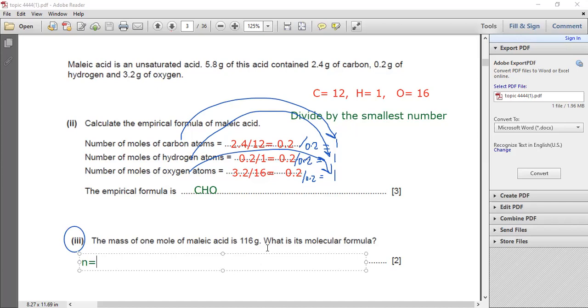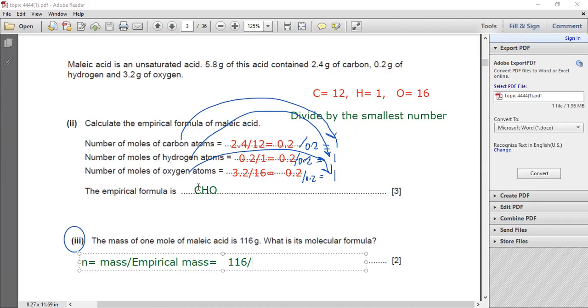If there is a question about molecular formula, this mass will be given in the question. In this example, this is 160. So write 160, divided by the empirical mass, the mass of the empirical formula CHO.